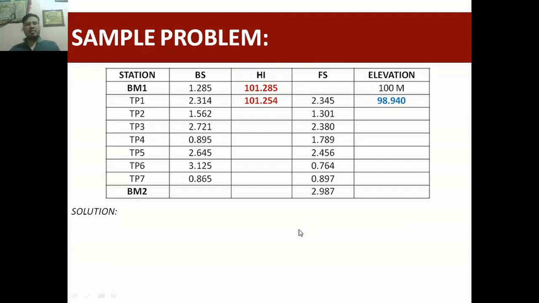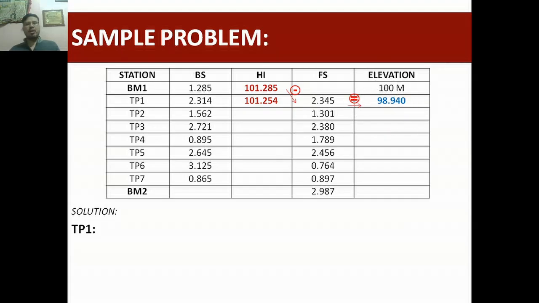Next, how are we going to compute the elevation of TP1? How did we get this 98.940? Here is the pattern. From your HI1, you go down one level, minus the foresight of turning point 1 is equal to the elevation of turning point 1.